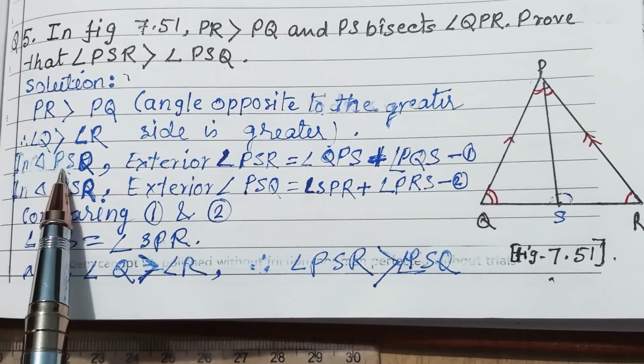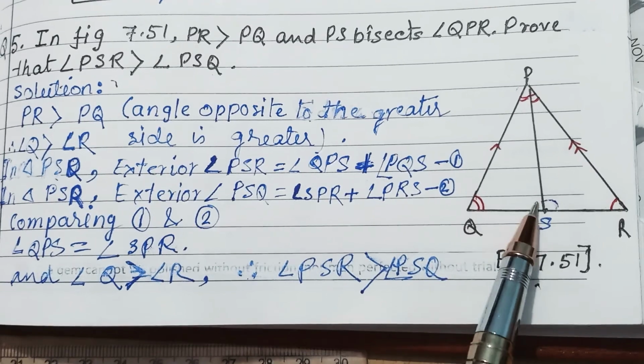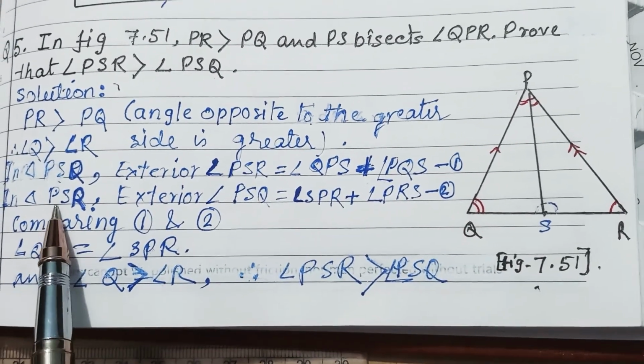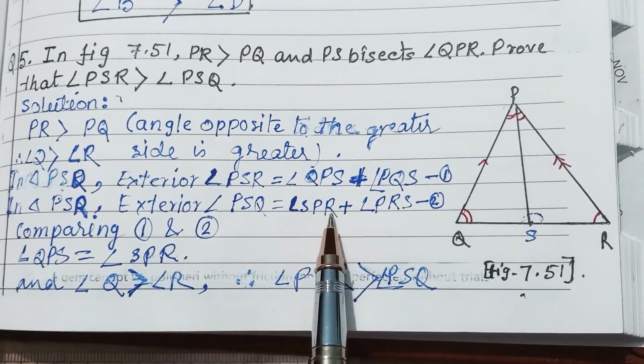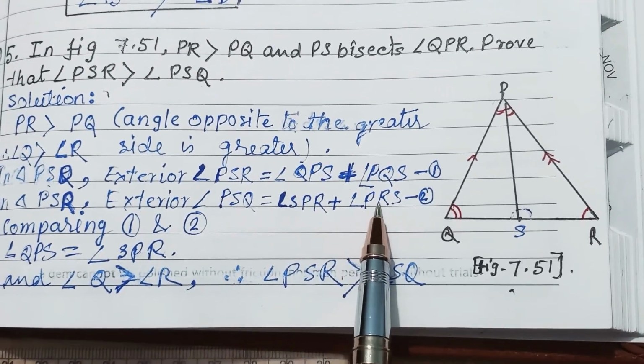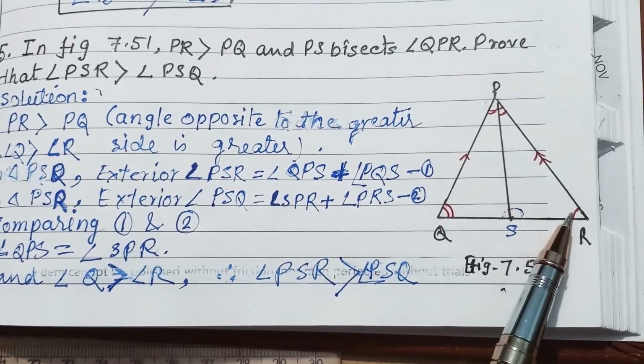Hence, in triangle PSQ, angle PSQ is the exterior angle, equal to SPR plus PRS, these two angles.